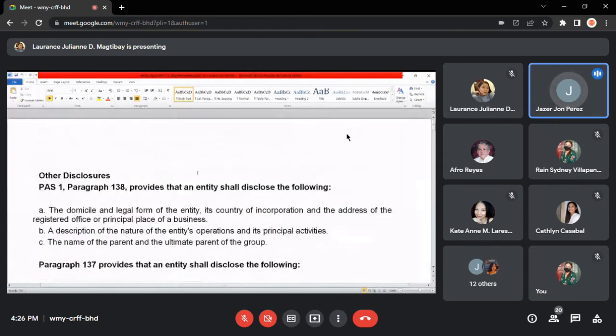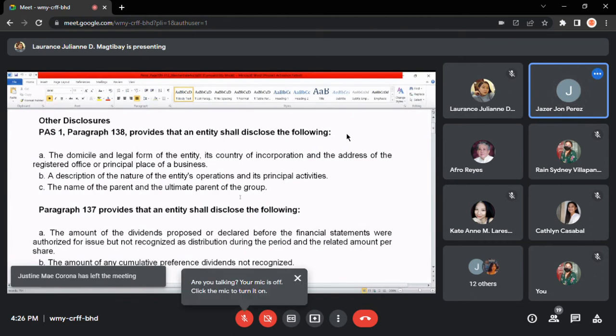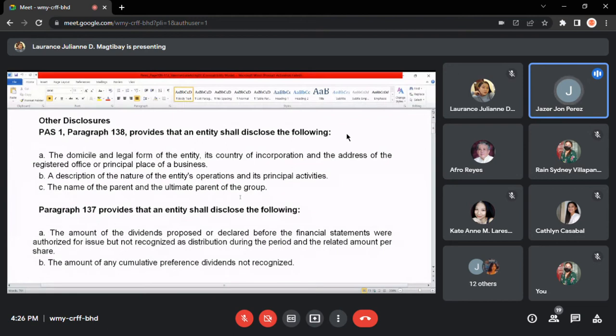Good afternoon, everyone. Today, I'm going to continue the topic of disclosures and the examples of notes to financial statements, and other disclosures. PAS 1, paragraph 138 provides that an entity shall disclose the following.